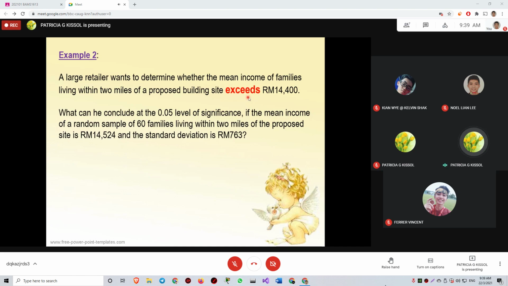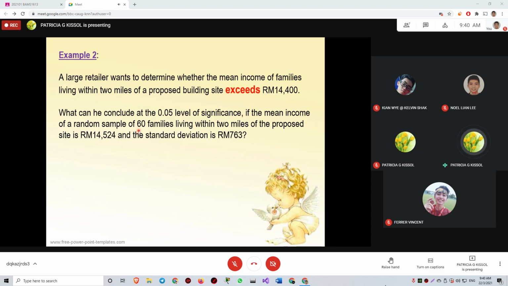I purposely made it bold and bigger and red so that you can see that the mean income of families is exceeding 14,400. We're using alpha equals 0.05. You see the words level of significance. That's how you know this question is a hypothesis testing question.